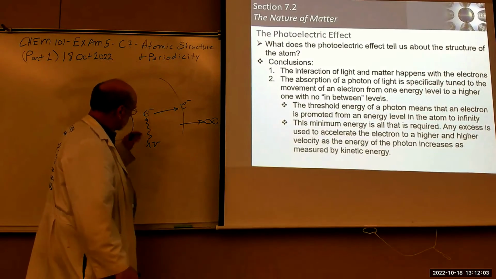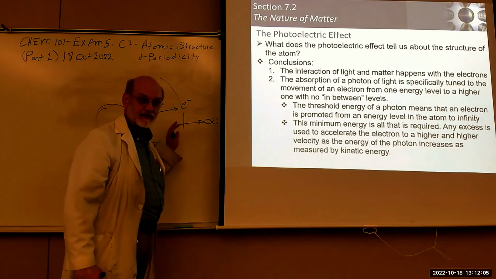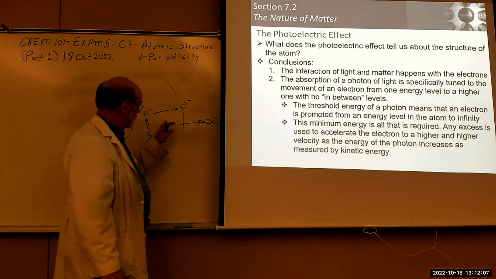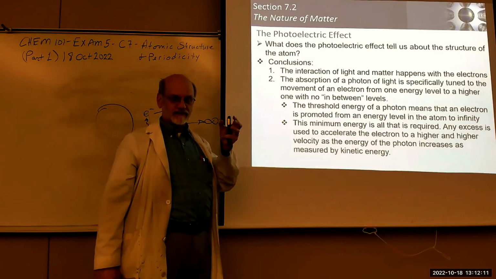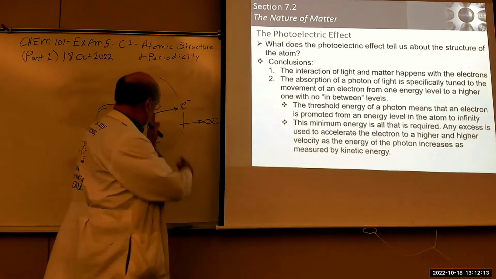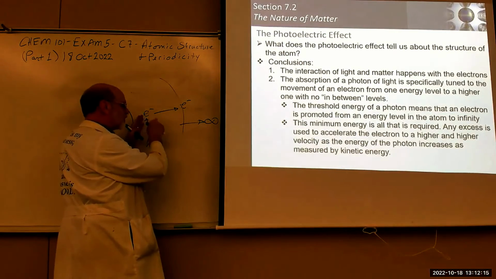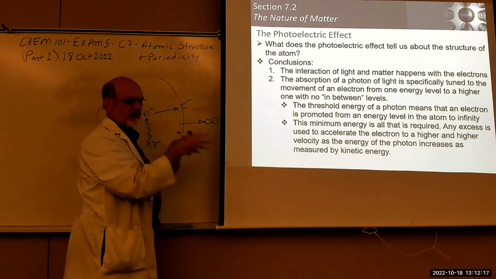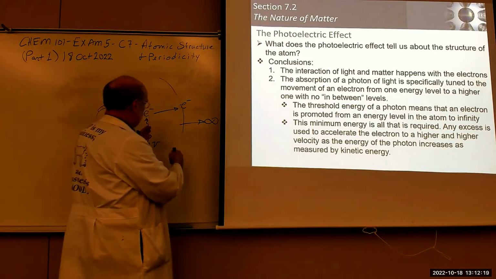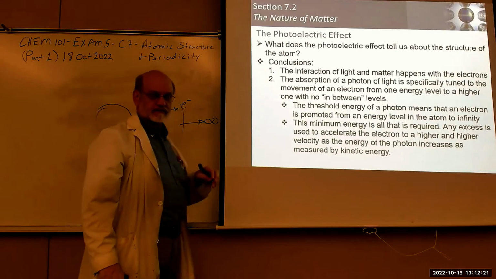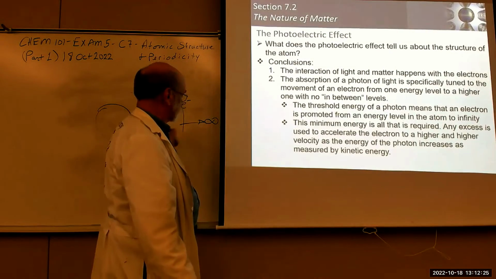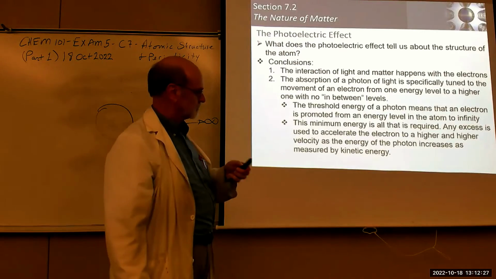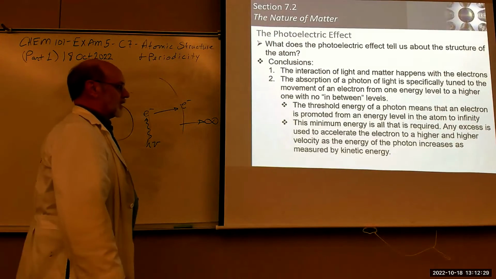That's why we can shine light through those atoms in my flame, in my spectrophotometer, and it's selective for a given element because the electrons in that element move from here to here, and that's empirically determined. But all the other elements ignore it because it's exactly tuned to that electron movement for that element. Okay.